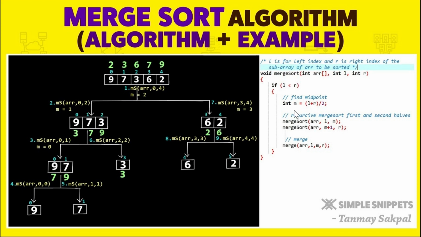However, when passing parameters, we pass the array and then we pass L and M, which is the midpoint. So this recursive call divides up the entire array, and then we call the function merge. So merge has an algorithm in itself which will merge these small elements into the bigger array.